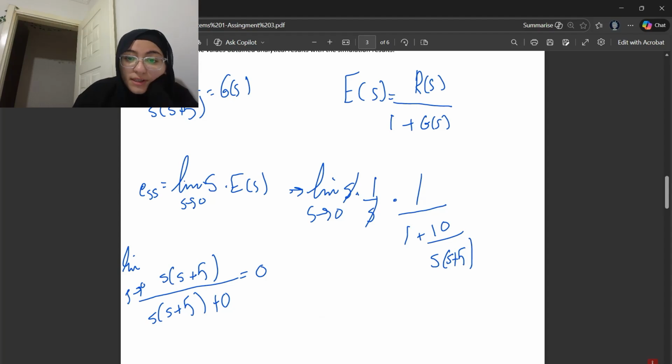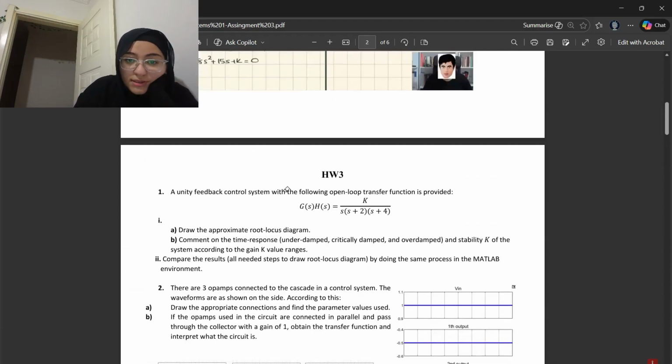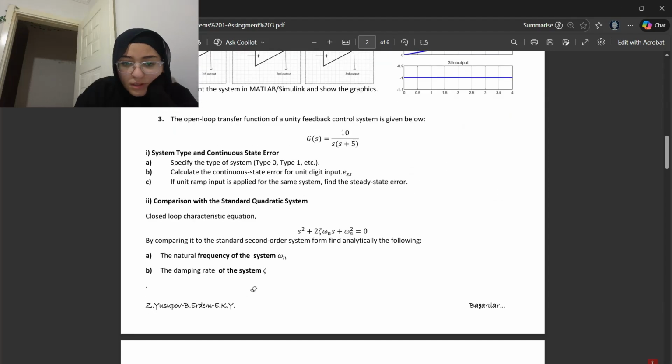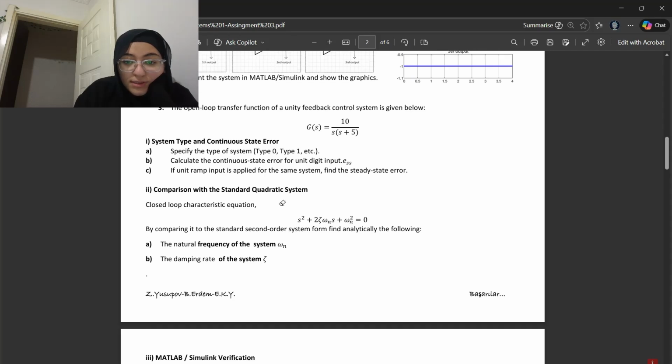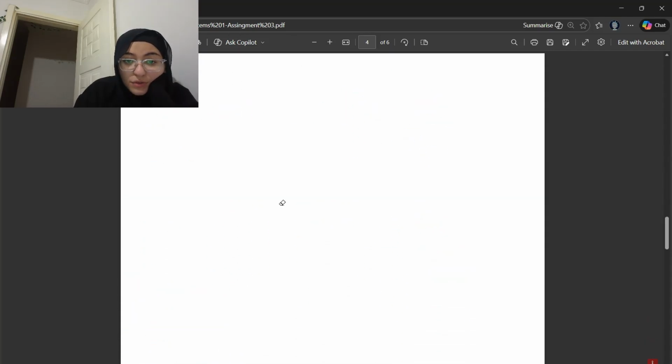For the second one, the third question, it says if the unit ramp input is applied for a system, find the steady state error. To find the steady state error for the ramp, it's going to be a certain number, not 0 or infinity. Why?